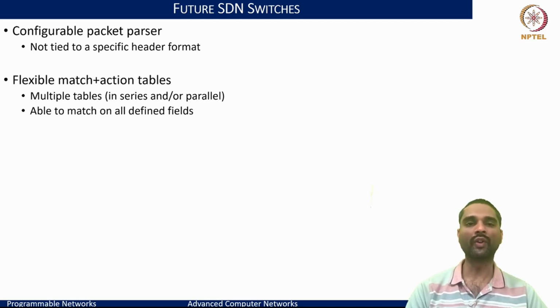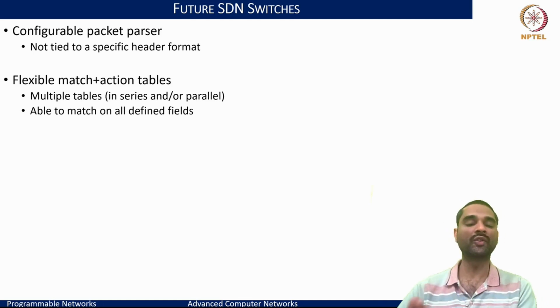And this is where the configurable packet parsers, which were not tied to any specific header format and allow us to look for any of the custom header formats, became very meaningful. And also the flexible match plus actions that we wanted to deploy with multiple tables, and not necessarily that all the tables are in a serial order.